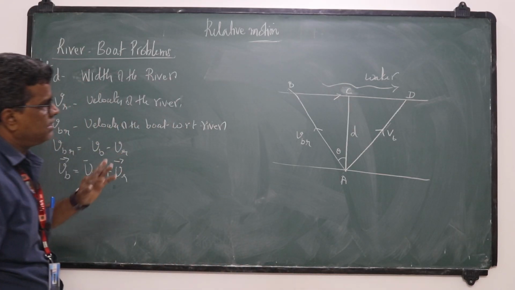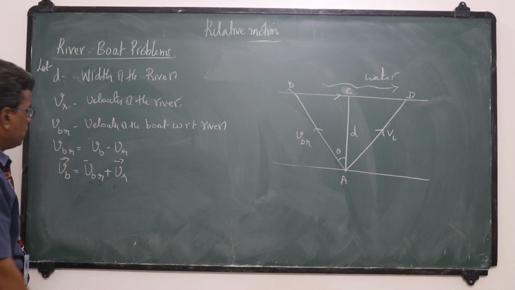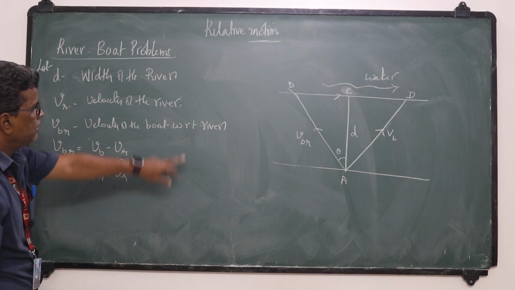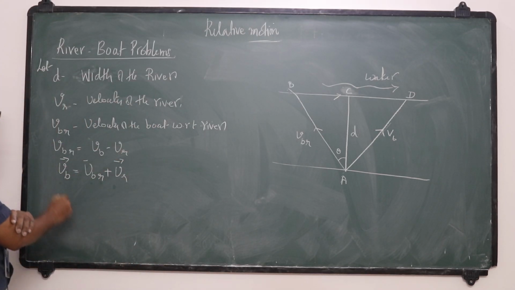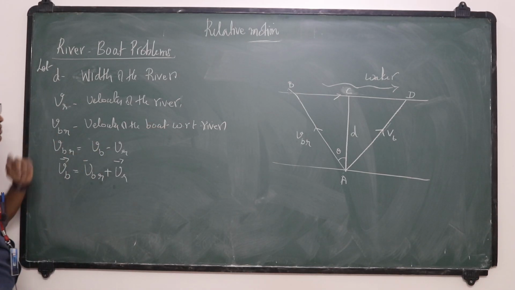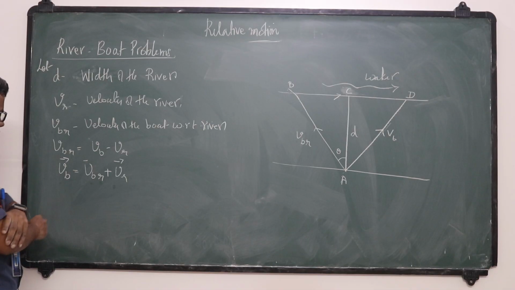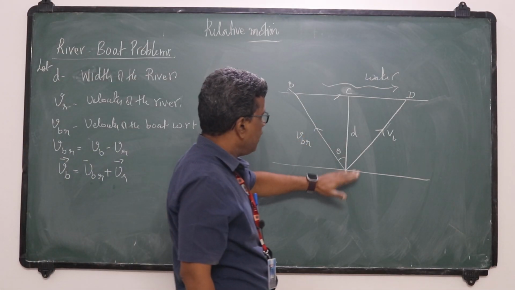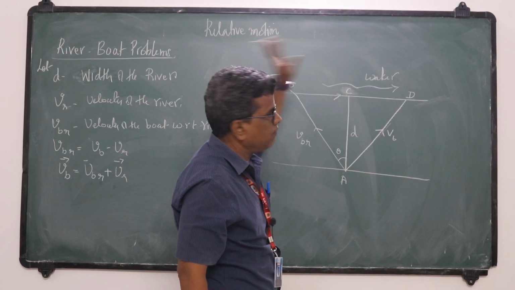Now, this is the direction of the velocity of the boat with respect to water. If it is still water, then it is equal to VB. VBR. Now, I want the time taken to cross the river.